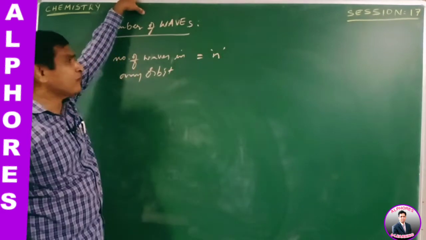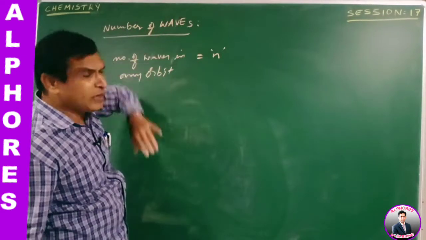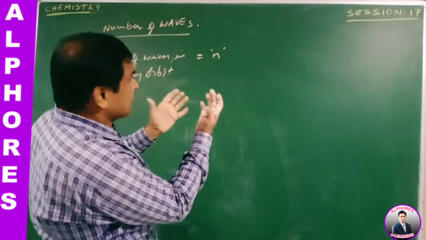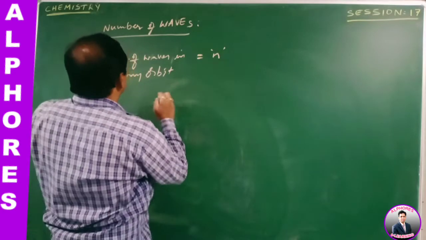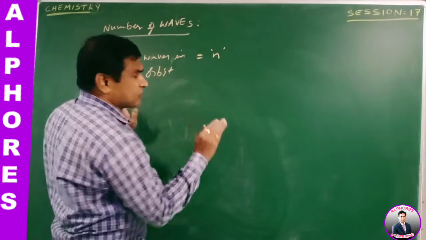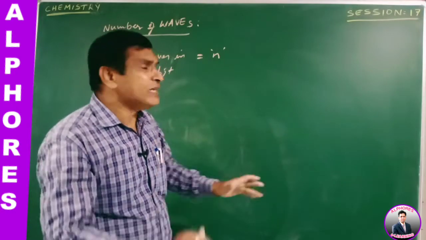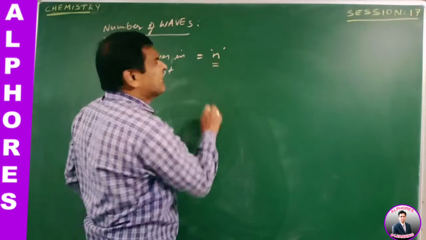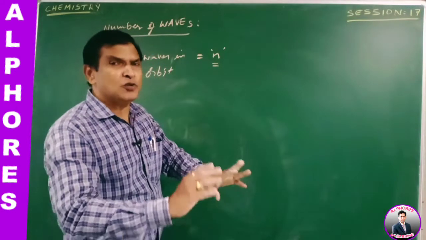We already completed the derivation part, and now I am just taking the revision part of that. So the number of waves in any orbit is equal to the n value. Simple.